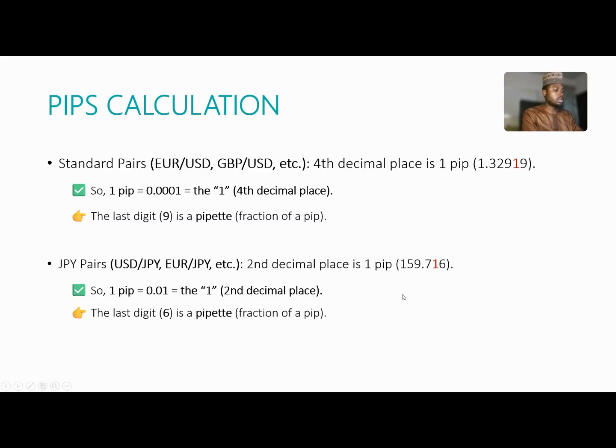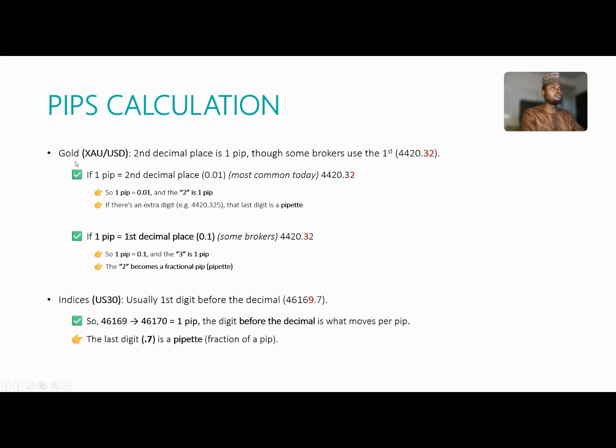So let's go to, I think I have more samples. And for gold, it has some things there. For gold, the second decimal place is 1 pip, though some brokers use the first decimal. For example, 1 pip is equal to the second decimal place, which is 0.01, used by most brokers we have today.